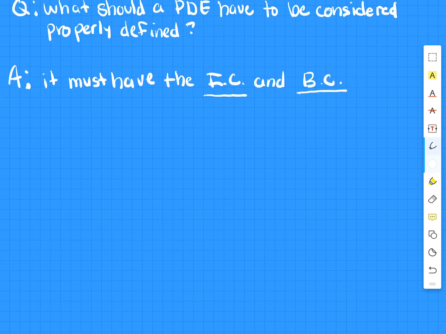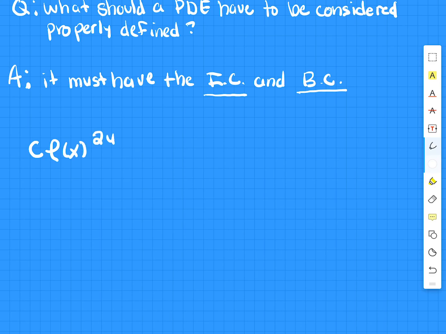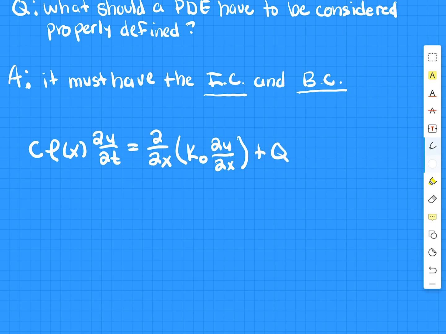So the way we would write that mathematically is, let's go back to our equation, the heat equation in full. So c times rho of x partial u over partial t is equal to partial x of our constant k naught partial u over partial x plus some external heat source in terms of both the time and the space coordinate.